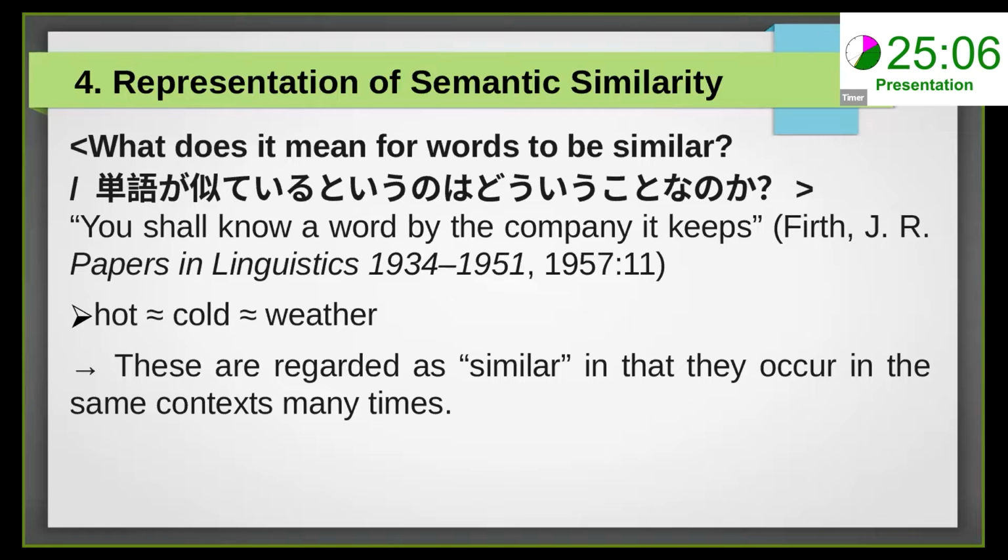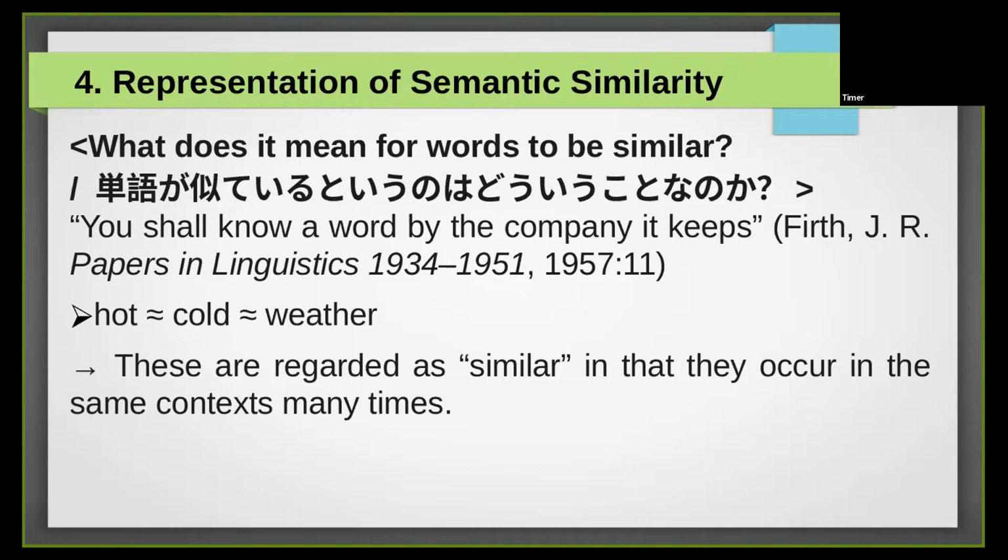Now let me give you an example. Imagine again there are 3 words: hot, cold, weather, and they have different grammatical functions. Their part of speech is different, and hot has even the opposite meaning of cold.